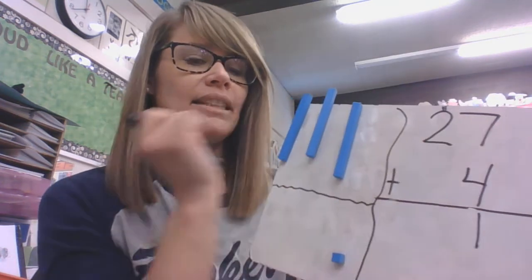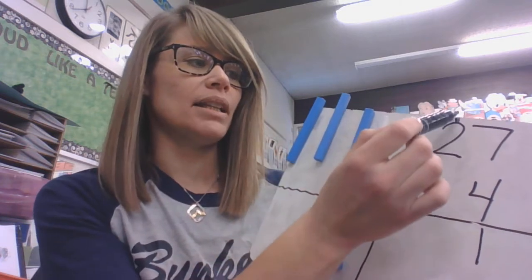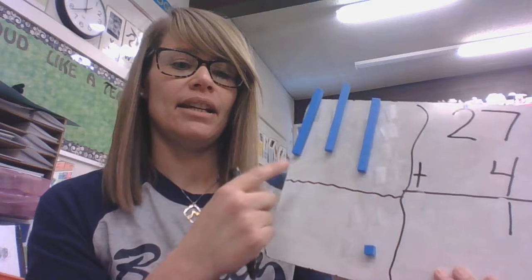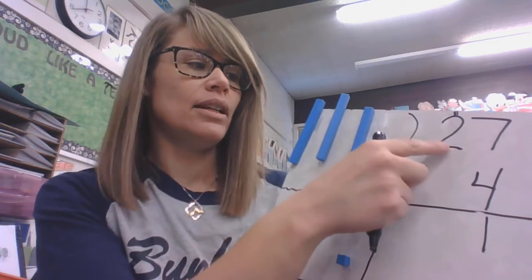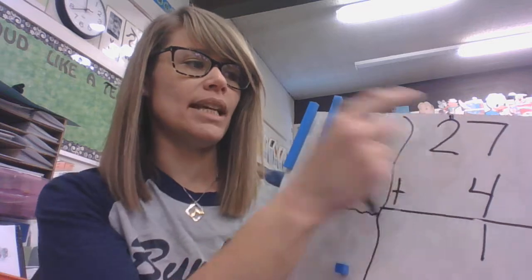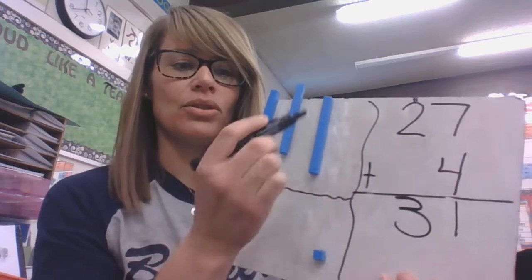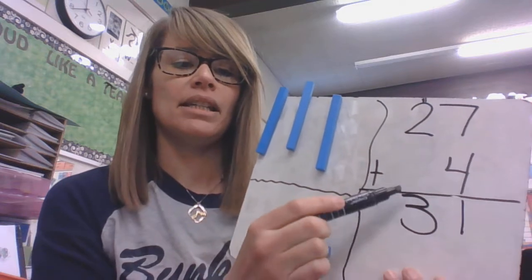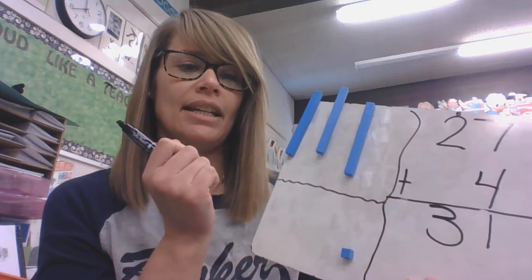So now I'm going to add a little 1 up top because now I've got those 2 tens plus that 1 ten that I traded. So how many tens do I have altogether? 2 tens plus that 1 ten I traded equals 3 tens. So now my answer to 27 plus 4 is 31. Okay, and I just put that 1 up there to kind of keep track.